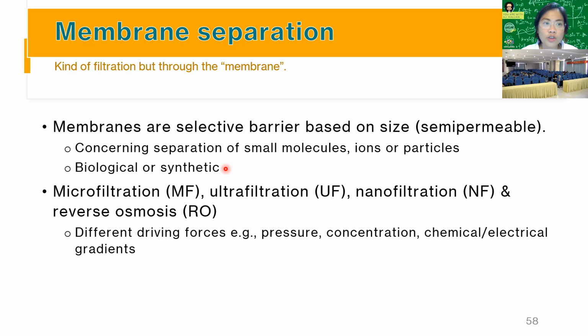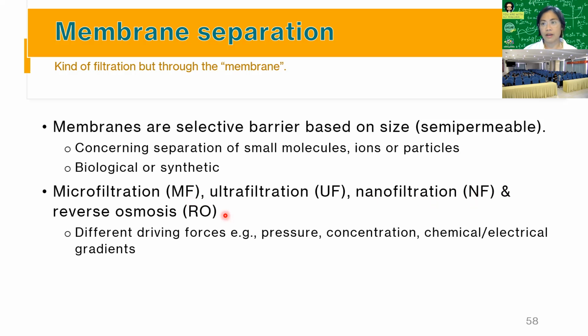What we are concerned with in membrane separation, and what you will have heard a lot, are four types of membrane filtration. The first one is microfiltration, then ultrafiltration, nanofiltration, and also reverse osmosis.